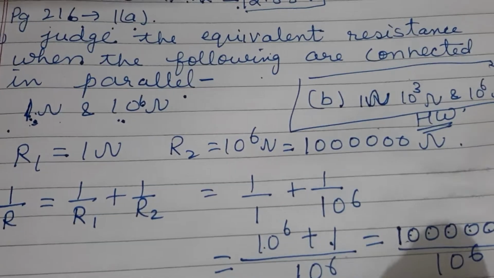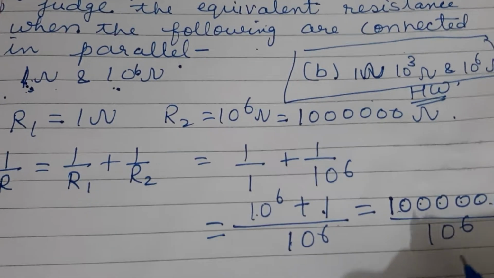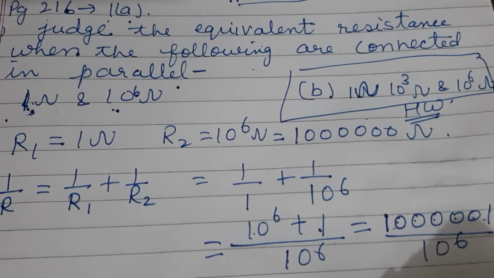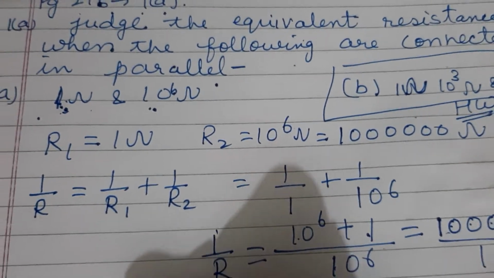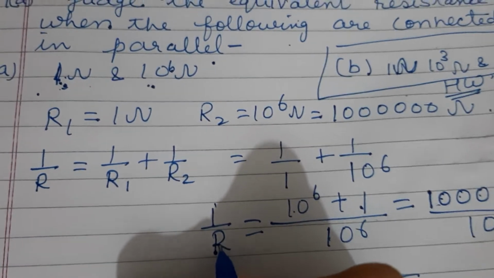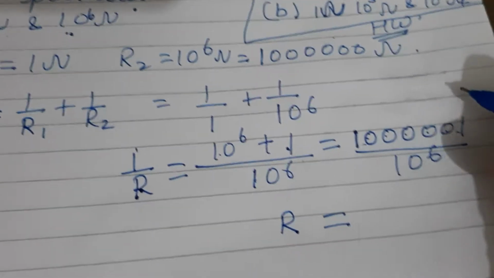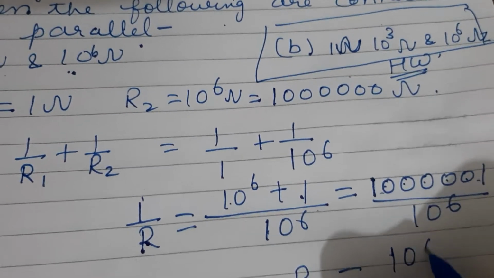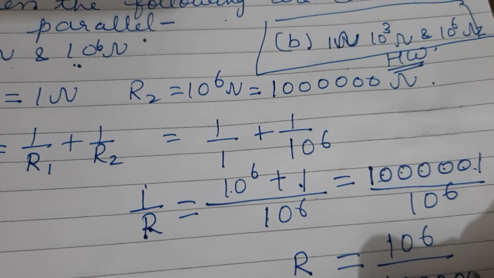Now one more thing you have to keep in your mind. This is 1 by R, and we have to find out only R, so we have to take the reciprocal. It will be 10 raised to power 6 upon 1000001.